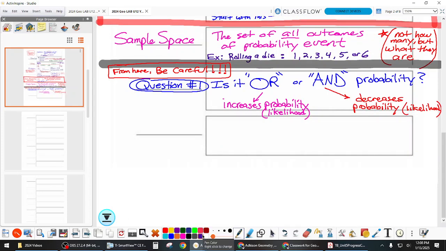So I want you to kind of, this is going to be a little bit of a flow chart. So I want you to separate the or and the and side. If it's or, then question 2.